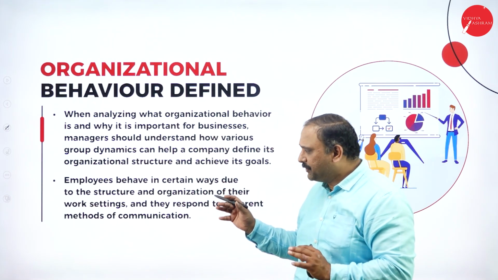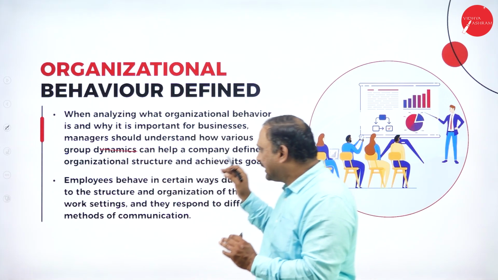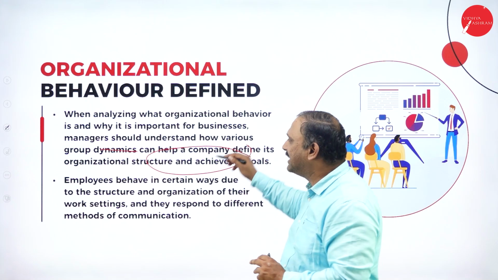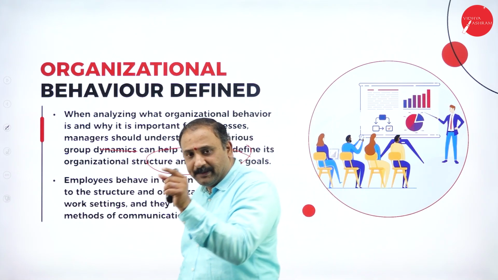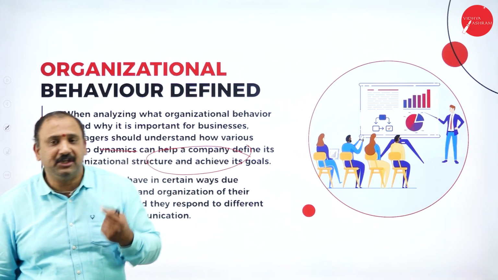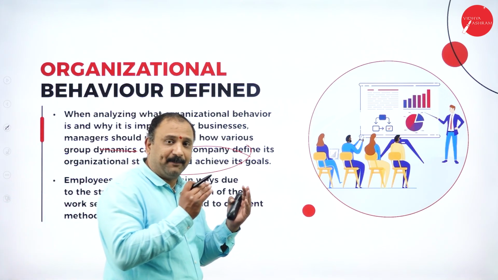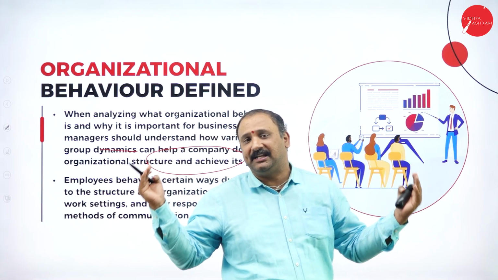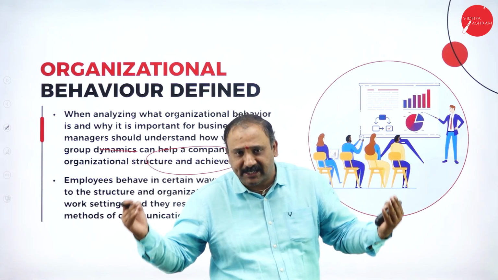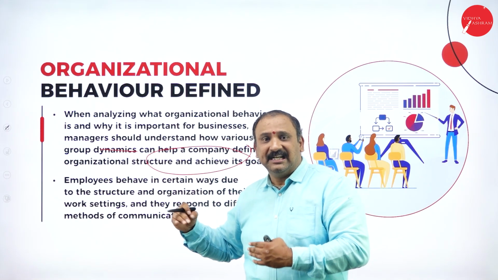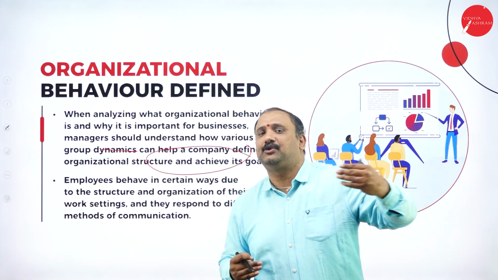So similarly, when we talk about group dynamics, that actually helps the organization to define its structure and achieve its goal. What kind of people are we selecting? What is the purpose of those individuals in the organization? What is the behavioral pattern that the organization and the management have created, visualized for themselves, and how do the people who have joined us need to get adjusted to that pattern?